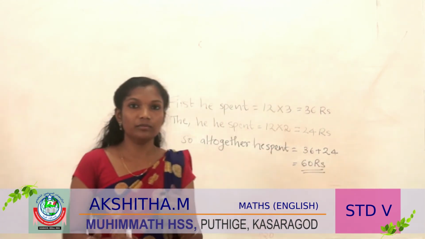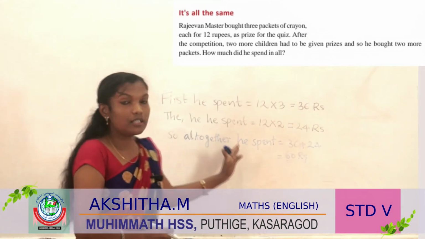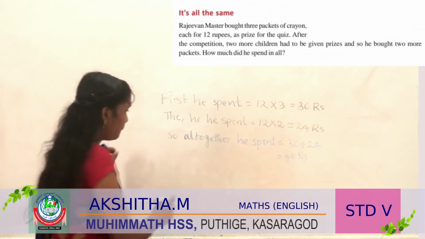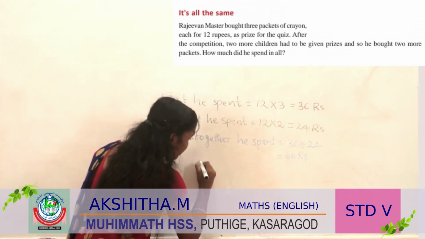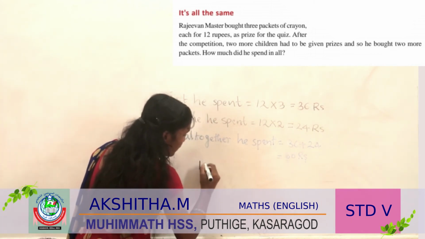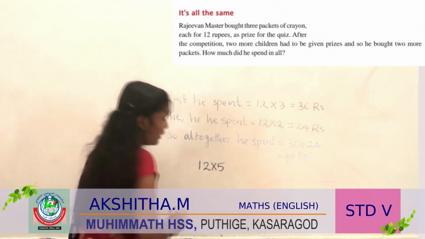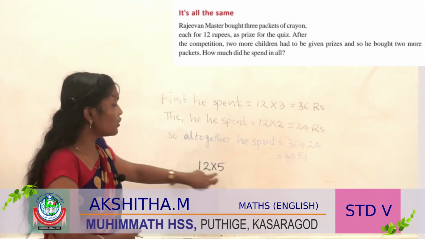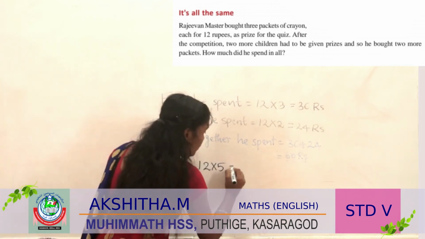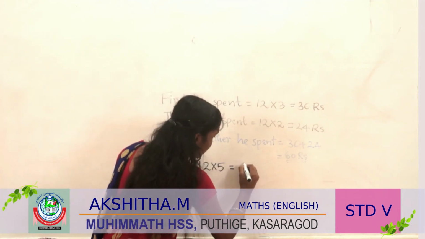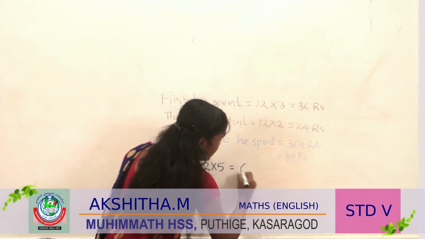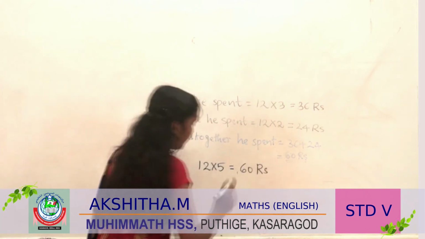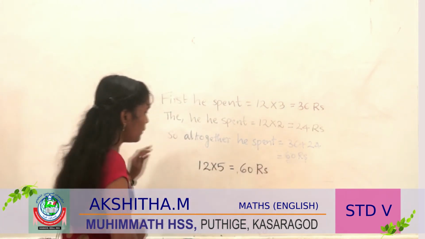Is it clear now? This we can write in another way. 12 into 5. The number of packets he bought is 5. 12 into 5 is 60 rupees.